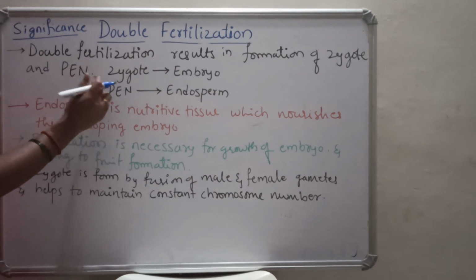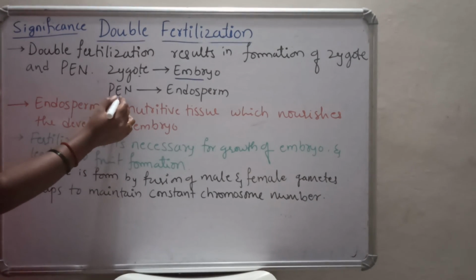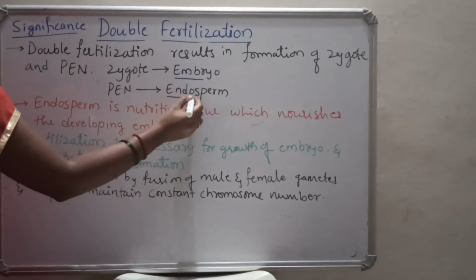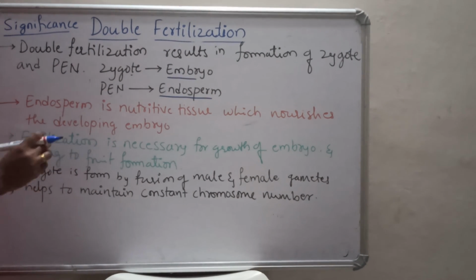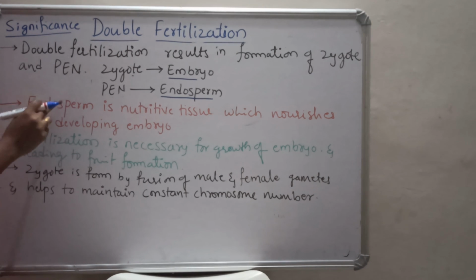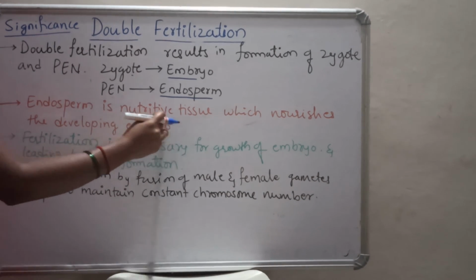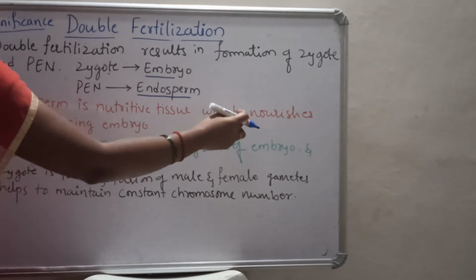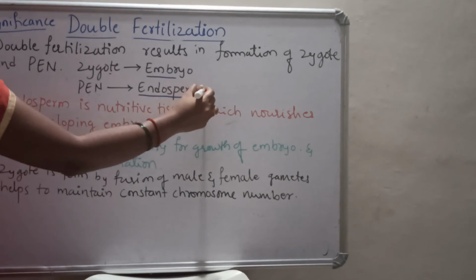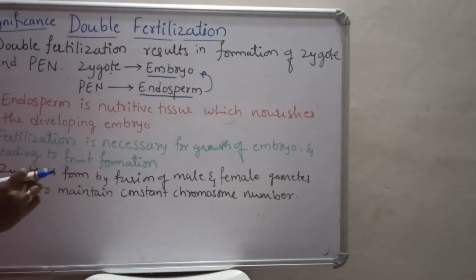After double fertilization, the zygote becomes the embryo, and the primary endosperm nucleus becomes the endosperm. The second significance is that the endosperm is the nutritive tissue, which helps to nourish the developing embryo.